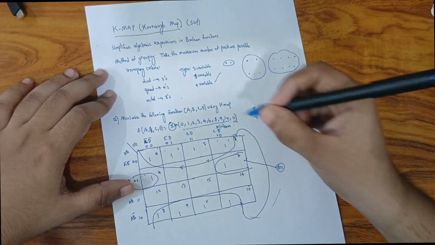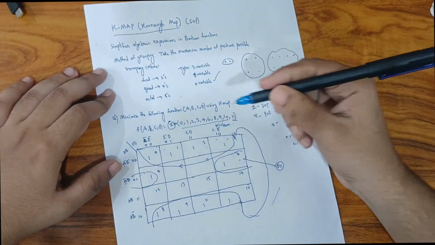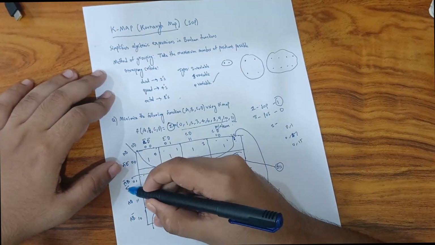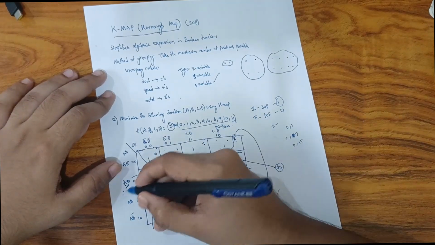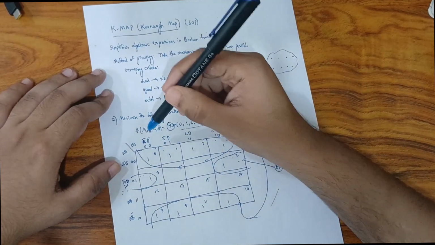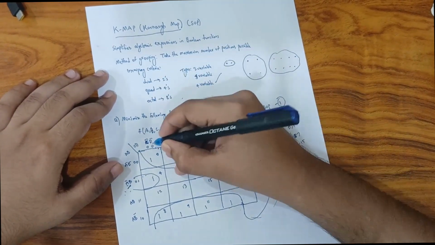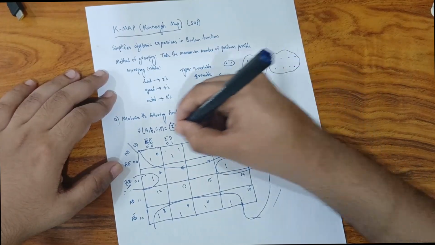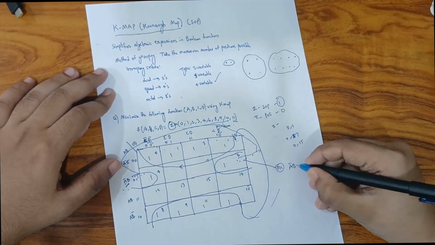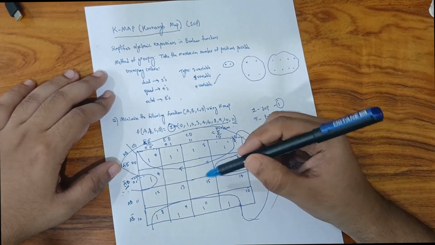In group 1, we have this mapping and this mapping, and what is common to both of them is A bar B. So write A bar B. Now compare the columns: this is C and this is C, and we can see that the term D bar is common in both of them, as I already told you it extends to here. So mark D bar.